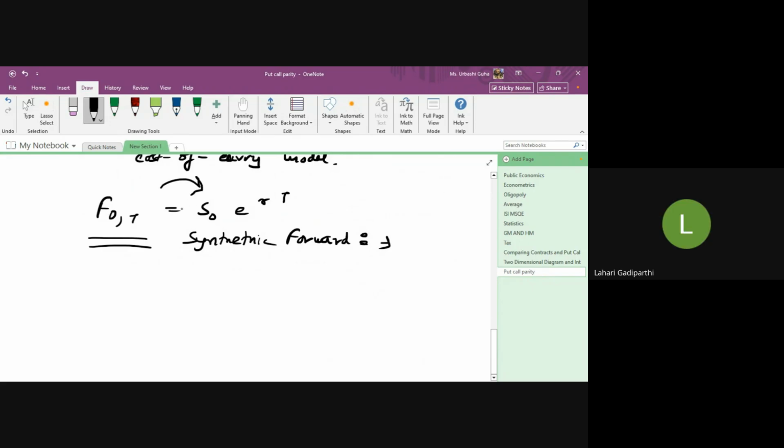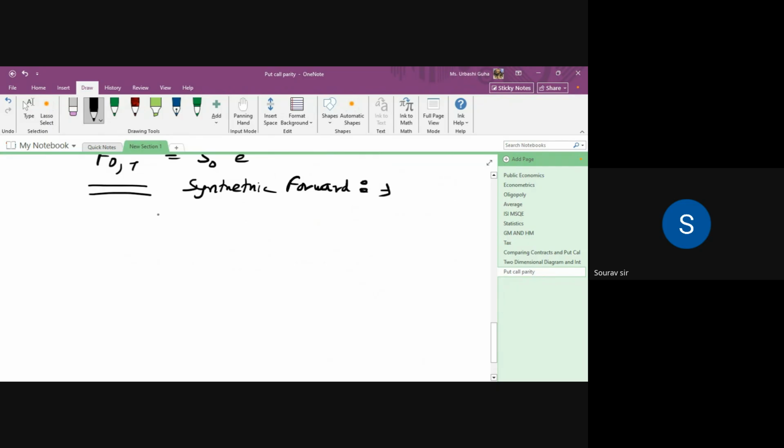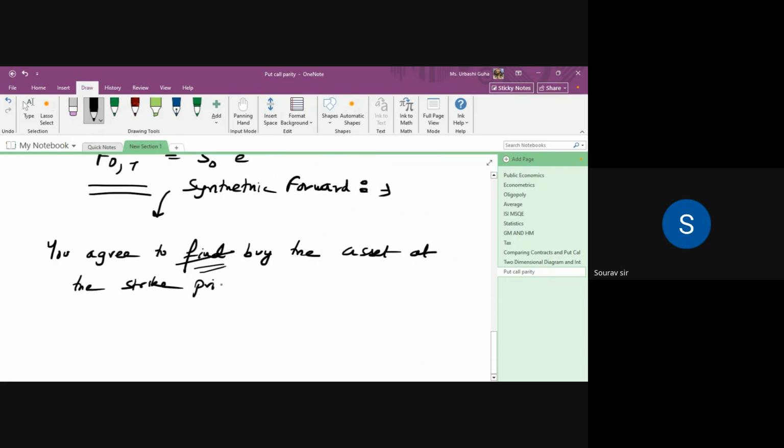Now what is a synthetic forward? You agree to buy the asset at the strike price, and the strike price is K, determined when setting up the call and put.